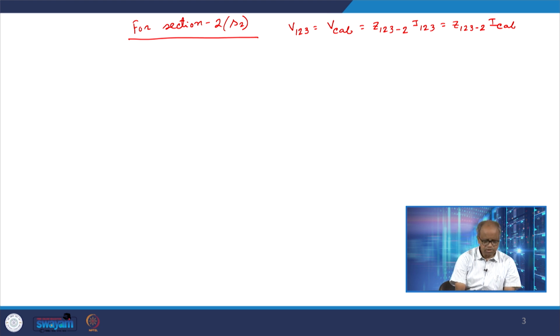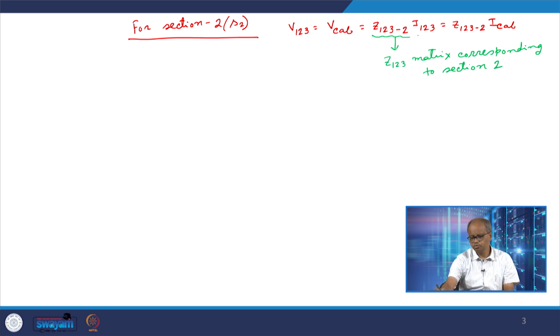Now what is this notation? This is nothing but the Z123 matrix corresponding to section 2.